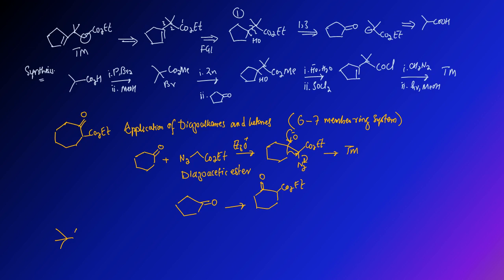usually we should have pinacol rearrangement in mind, because this molecule, let me clarify it, is a symmetrical diol, and it can be used as a starting material for a tertiary ketone.